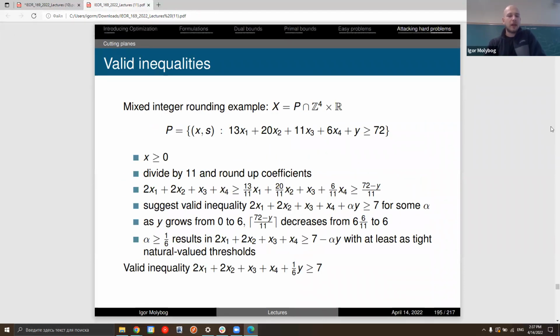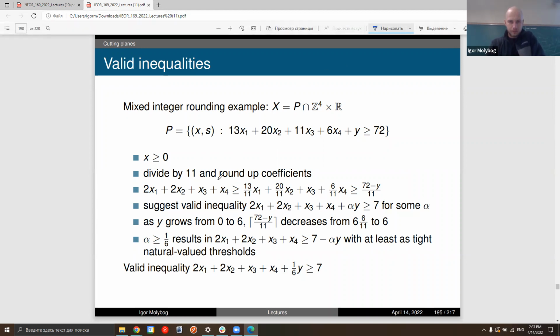Yeah, so let's take a look at how to use a similar approach of division in order to introduce additional valid inequalities in a mixed integer rounding case.